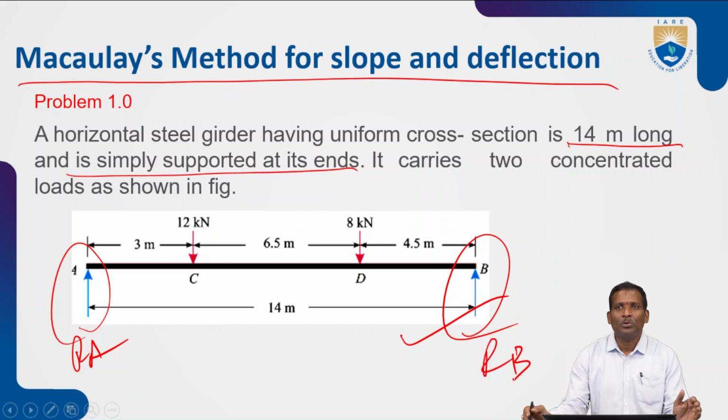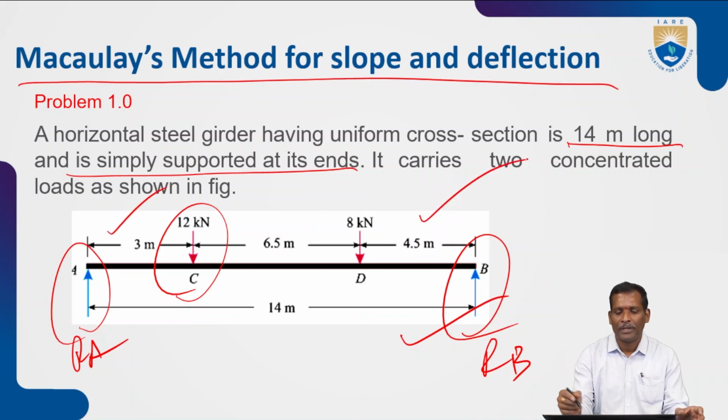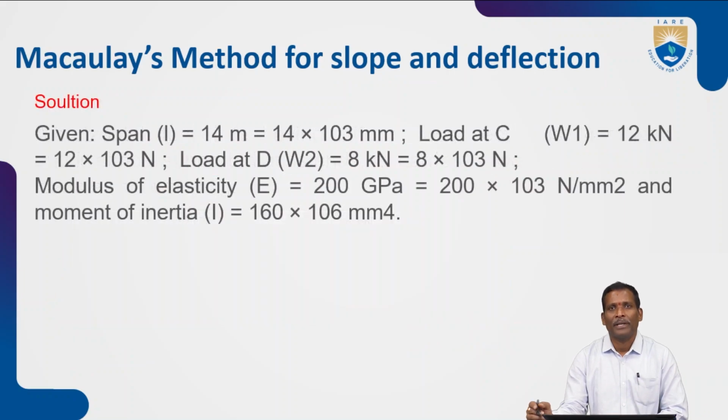Two concentrated point loads are given at certain distances: 3 meters from the left hand and 4.5 meters from the right hand. The remaining middle portion is 6.5 meters. For this diagram, calculate the slope and deflection by using Macaulay's method.